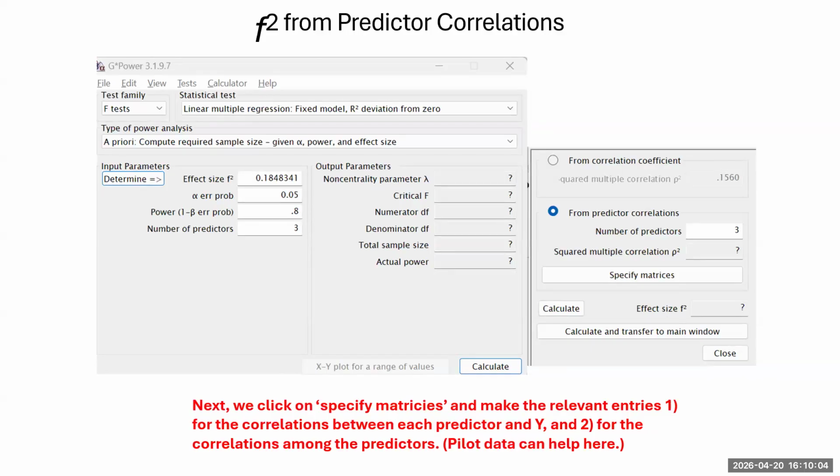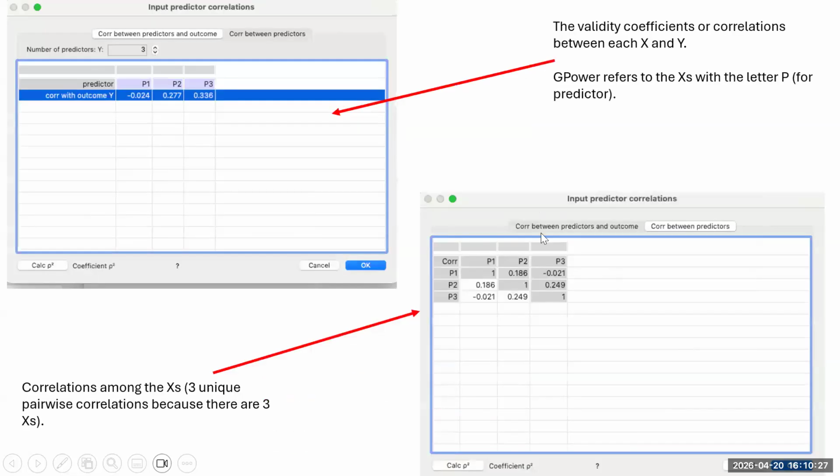Okay, now if we want to generate F squared from the predictor correlations again, we can click on determine under input parameters. GPower will open this window on the right-hand side. If we click on from predictor correlations and then click specify matrices, GPower is going to ask us to provide entries for 2 matrices.